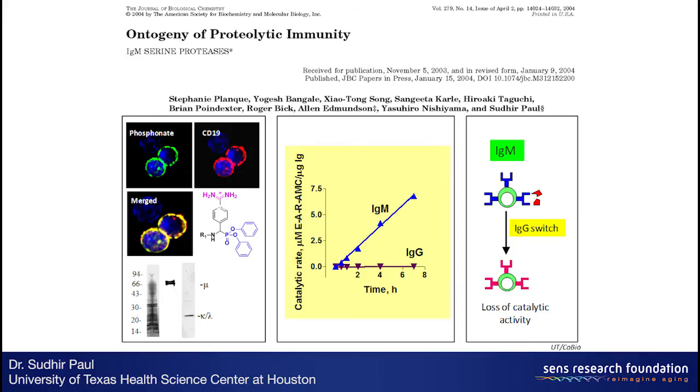On the left is proof that B lymphocytes can bind covalently to these phosphonate electrophilic probes for catalytic antibodies. The green is staining for the B cell receptor containing antibody molecules that are complexed to signal transduction molecules.